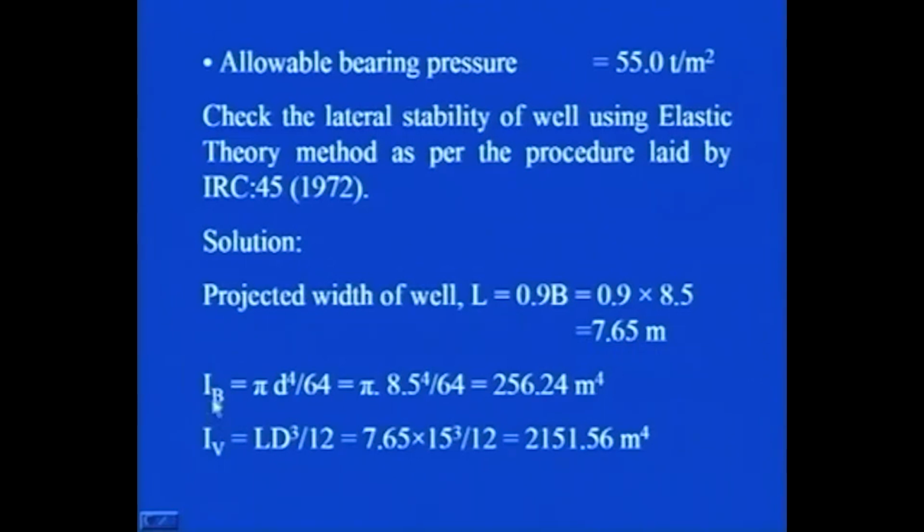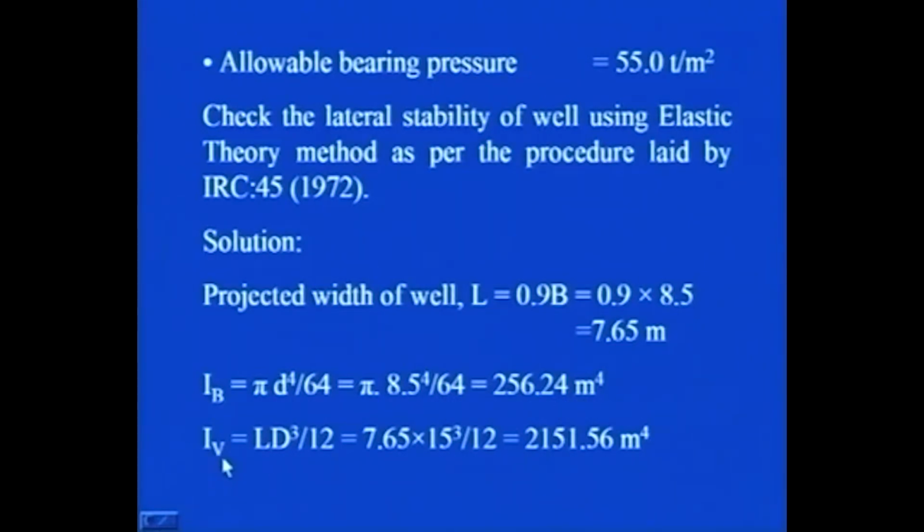Then we need to find these geometrical properties, as I discussed with you in the last class in step 2 of this IRC method, that is, the elastic theory method. So, IB is pi d to the power 4 by 64, and this will become pi times 8.5 to the power 4 divided by 64, which results in 256.24 meter to the power 4.